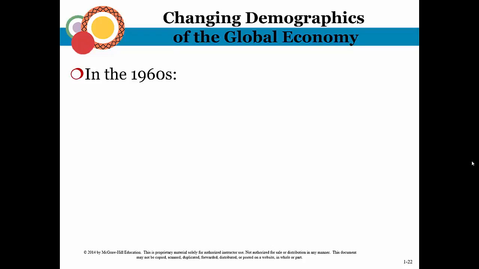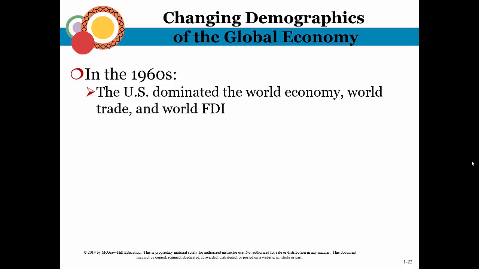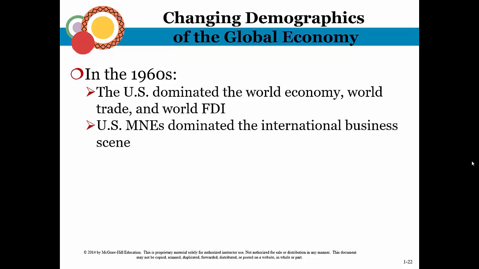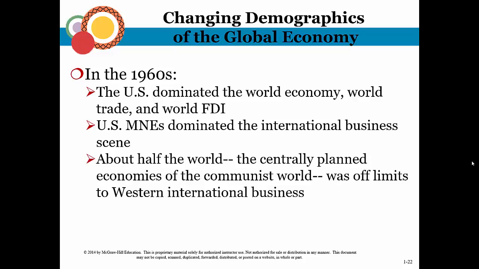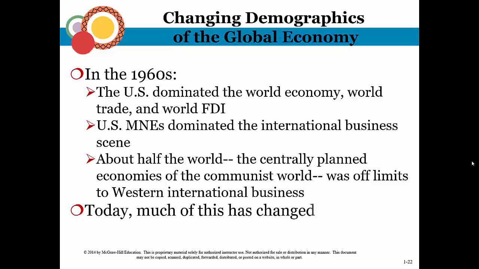So, in the 1960s, the world was very different. The U.S. dominated the world economy, and particularly the trade and FDI, foreign direct investment. And it had a strong presence. About half of the world, the centrally planned economies of the world, was off limits to Western international trade due to a number of reasons.